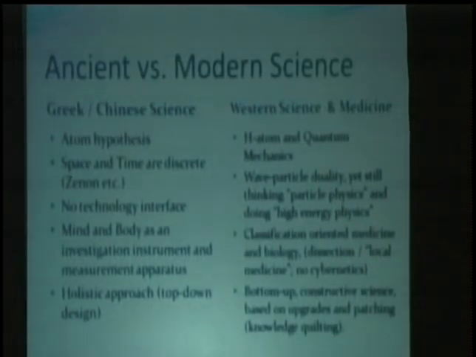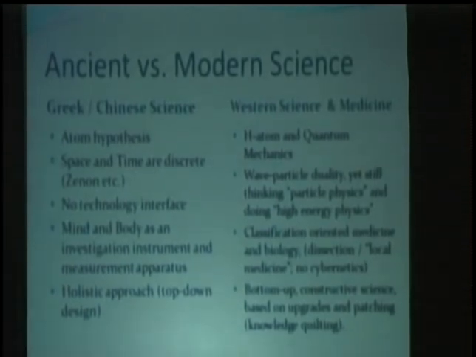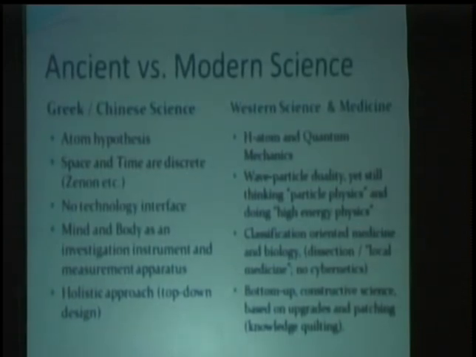Ancient versus modern science. I want to emphasize that not just the atom hypothesis, Greek science, corresponds in some way with mainstream physics. And further, I would say that Greeks were more advanced conceptually when it comes to what space and time are.